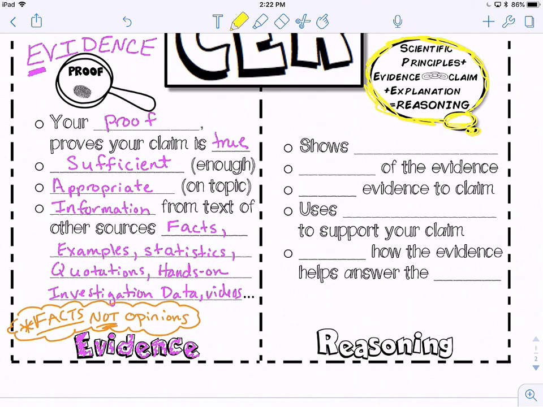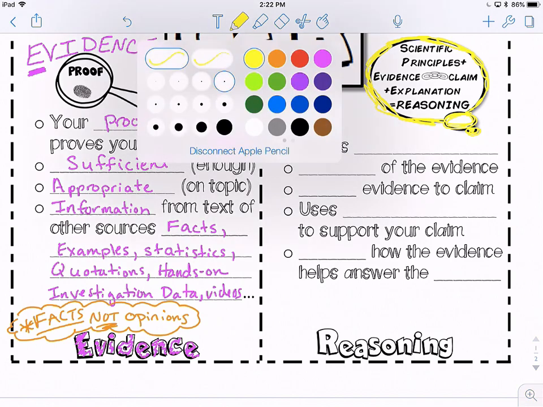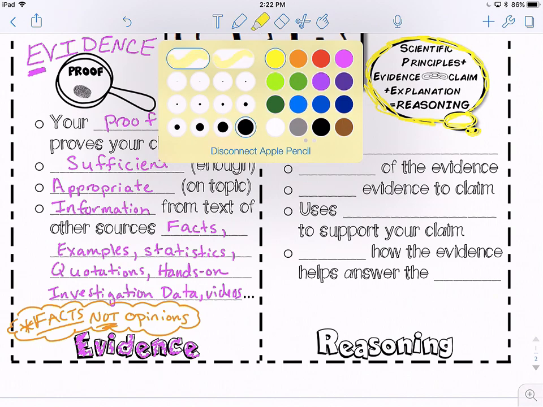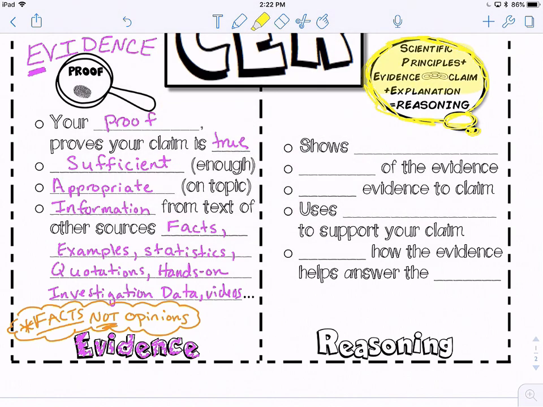Your reasoning is going to be your scientific principles plus the evidence explanation for your claim. So your reasoning has two parts. And that's a big deal. So realize this is really important.